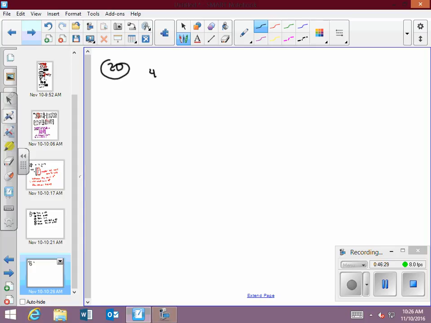So the matrix is 4 by 5, and the dimension of null A equals 3.